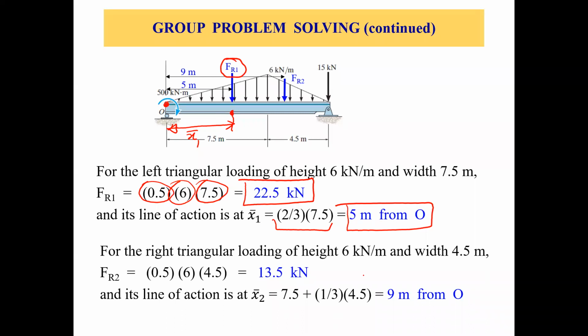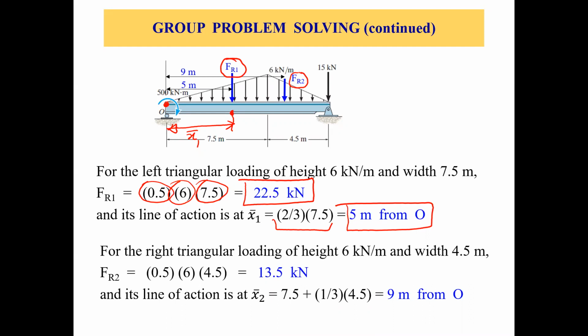Now let's talk about this second triangular portion, which gives us FR2 as the resultant force. Again, we take the area under the loading curve, which is the area of this triangle.